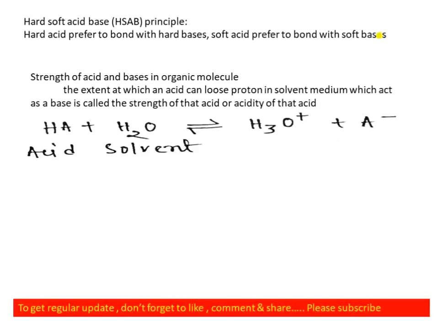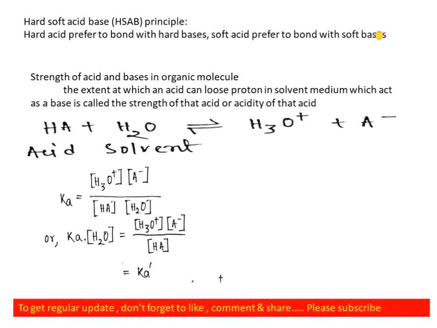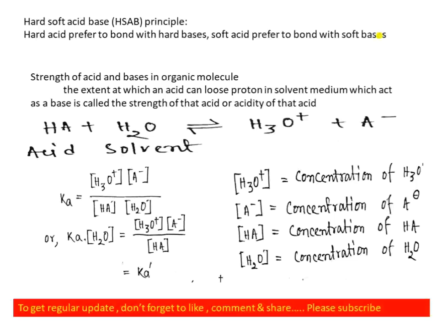Now, how do we measure the strength of acids and bases in organic molecules? Here, pKa plays the role. The extent to which an acid can lose a proton in a solvent medium which acts as a base is called the strength of that acid, or the acidity of that acid.